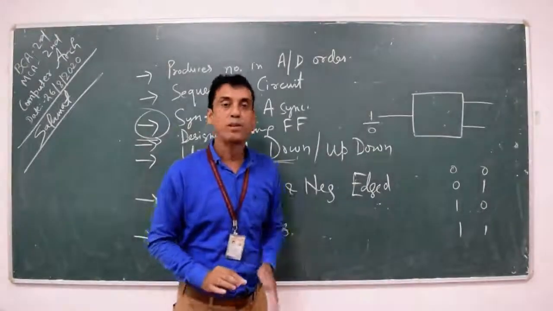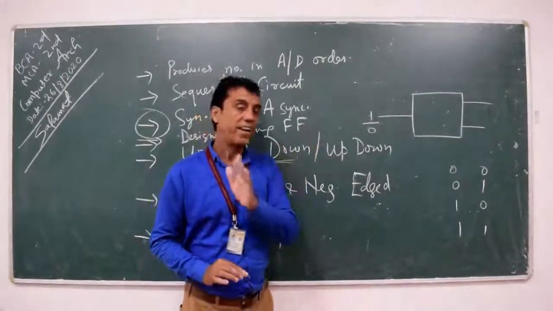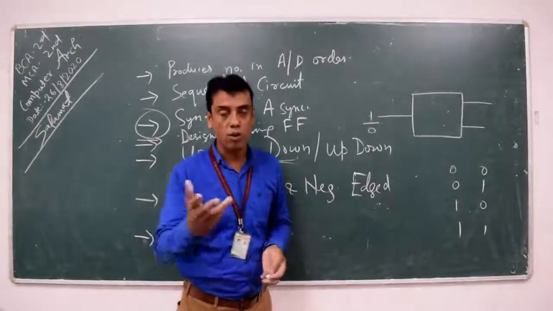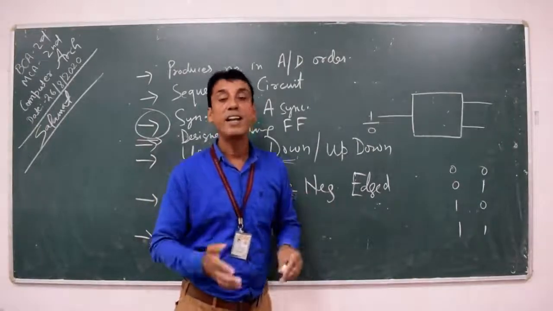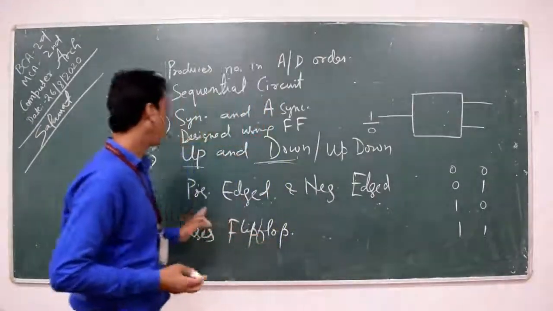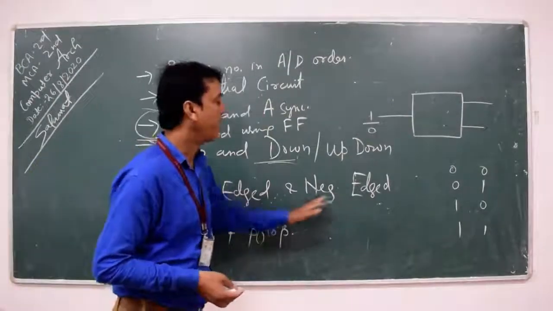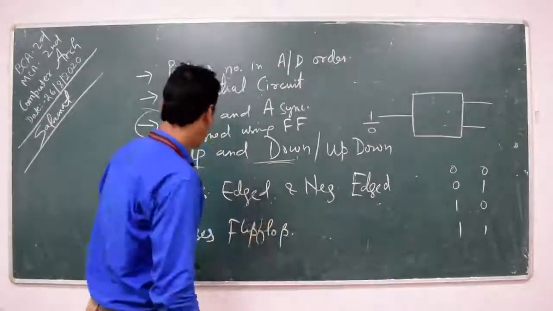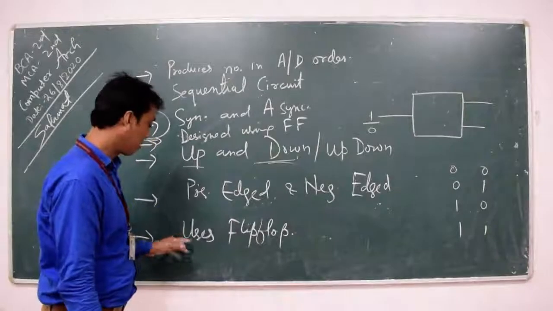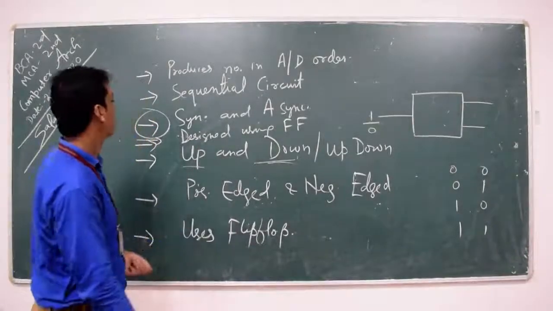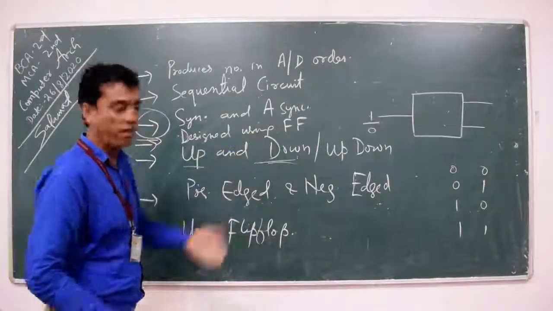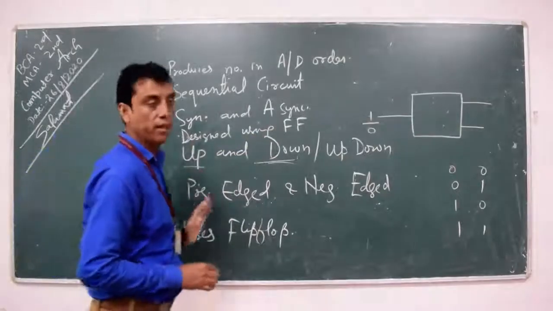And if the counter is triggered using binary digit 0, then it is known as negative edge counter. So, there are two types of counters, positive edge and negative edge.